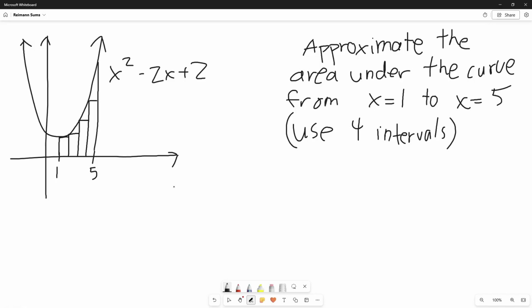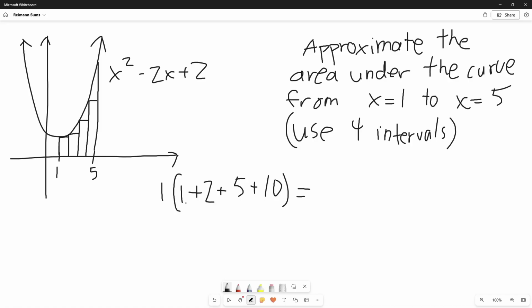So the left sum is going to be 1 times 1 squared minus 2x plus 2, which is 1, and then 2 squared minus 2x plus 2 is 2, 3 squared minus 2x plus 2 equals 5, 4 squared minus 2x plus 2 is equal to 10, and those are our 4 rectangles.